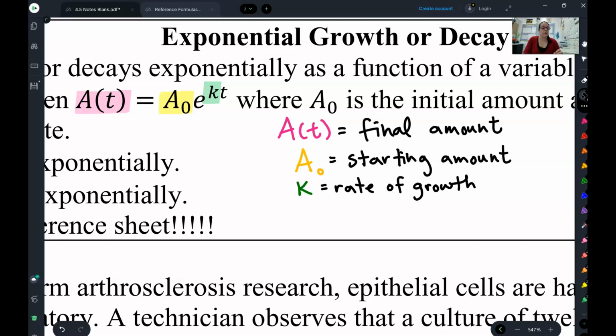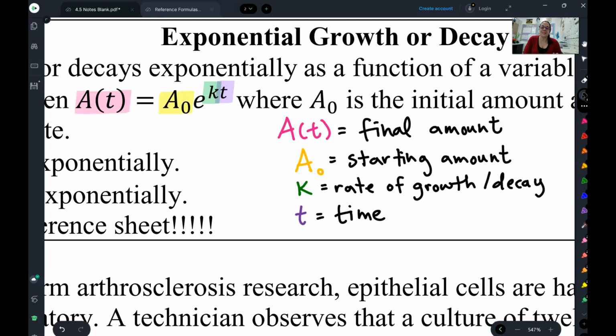Now, this is one big difference. K is not just a rate of growth now. It could also be a rate of decay. So K is positive if your amount is growing. K is negative if your amount is decaying or decreasing. And then finally, of course, we have T, which as always is time.